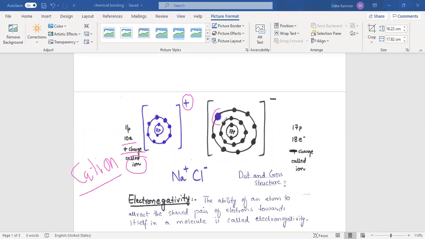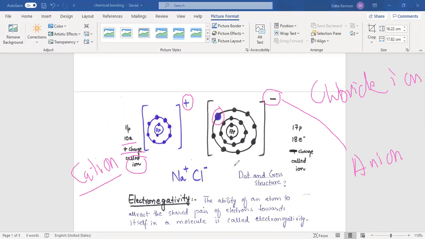Here you can see the electron is taken by the chlorine atom. When the chlorine atom takes an electron, it contains a negative charge and becomes a chloride ion. The negative ion is called an anion.